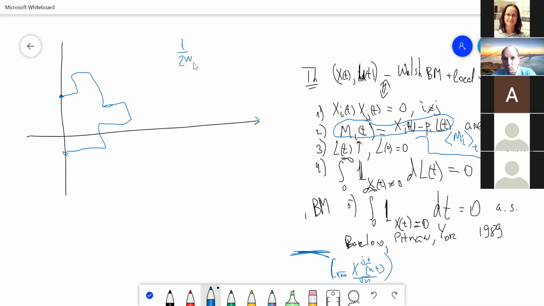You add 1 with probability 1 over 2m, so now it's 1/4. You add -1 with the same probability, and with probability 1/2, you add 0. For example, here you add 0, here you add 0 to vertical coordinates.